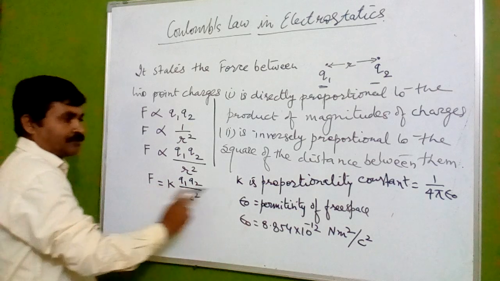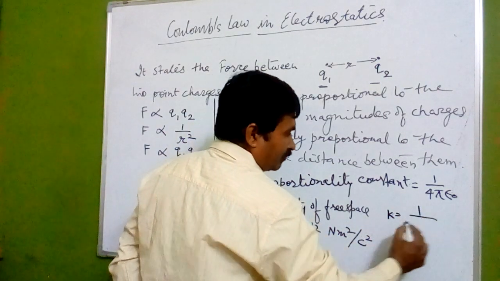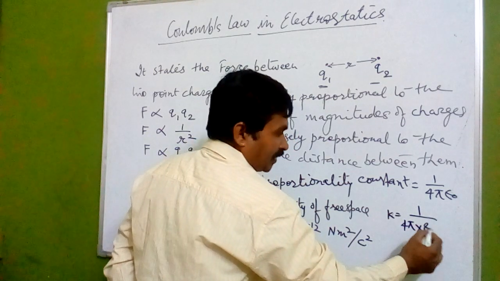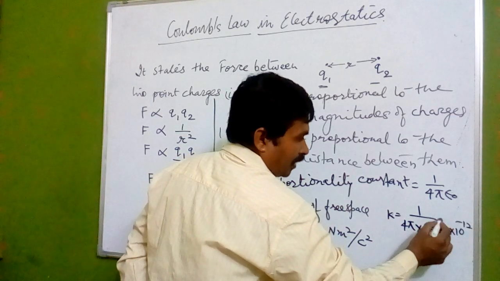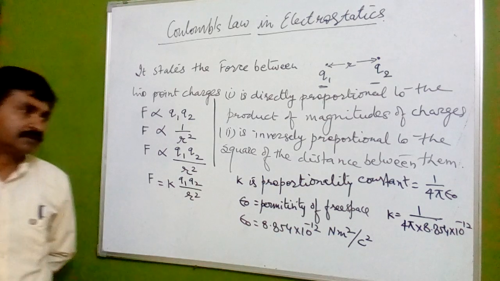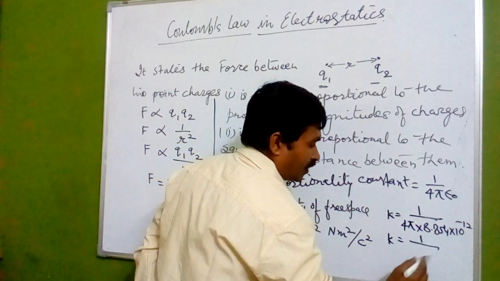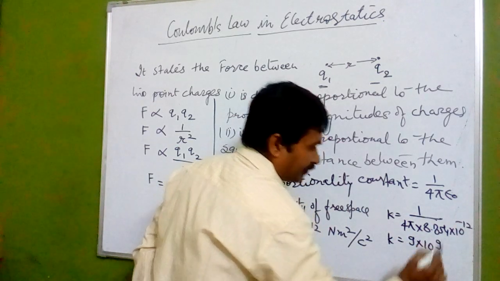When we substitute this value, k equals 1 upon 4 pi into 8.854 into 10 raised to the power minus 12 Newton meter square per Coulomb square. So it comes to be nearly k equals 9 into 10 raised to the power 9.